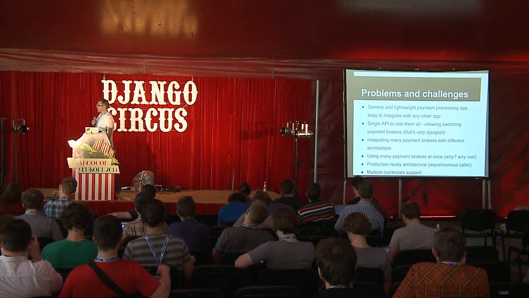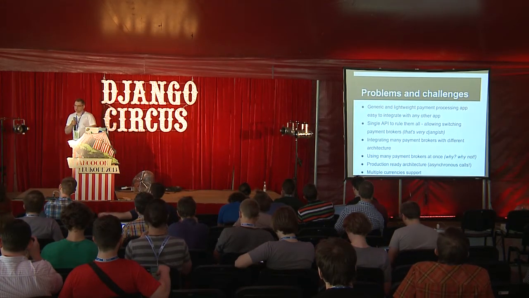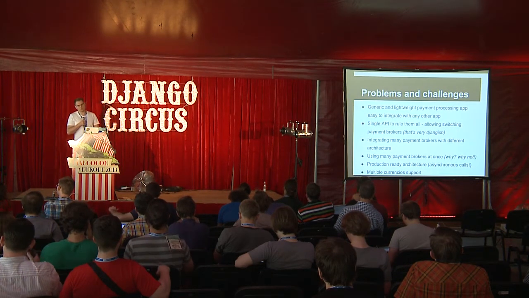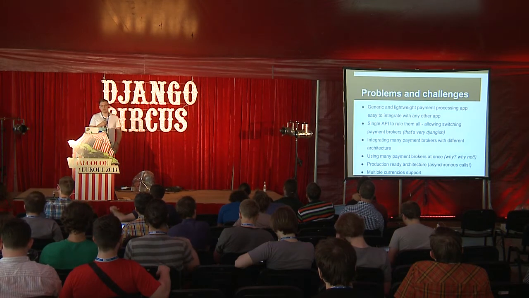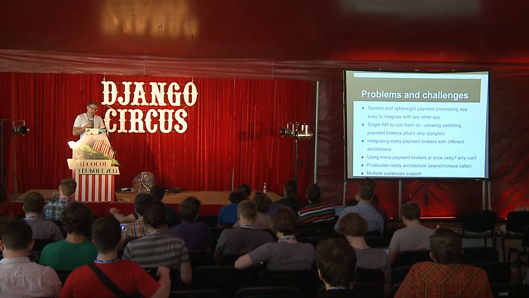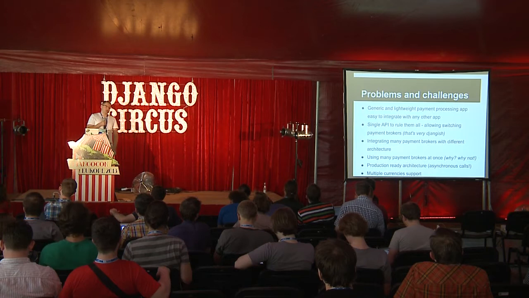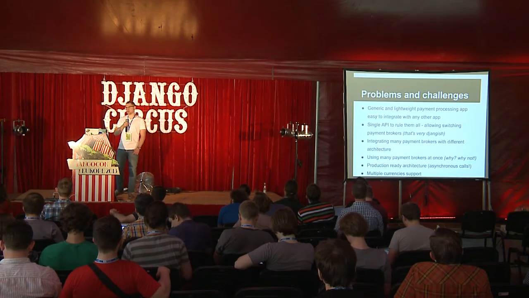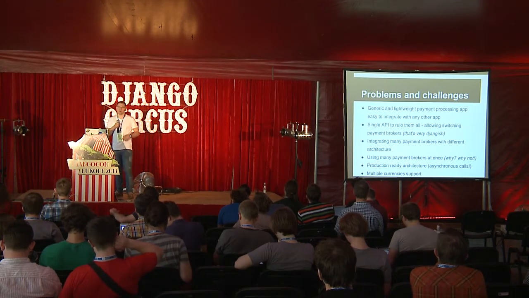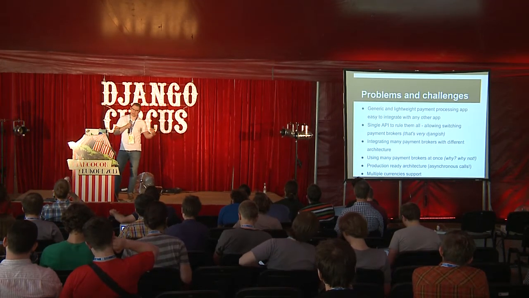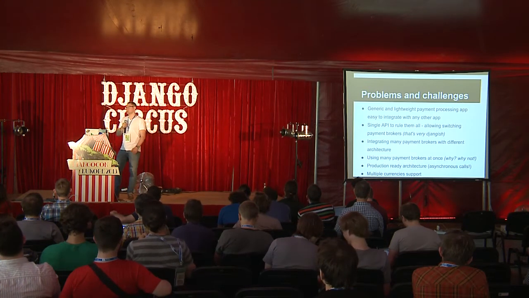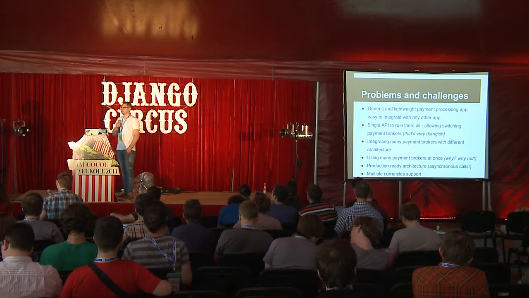So what were the problems and challenges that this kind of app should solve for me, actually, and what I needed to solve, and why I didn't find any ready application. First of all, I needed a very generic application because I was not sure what the second part of the system that I would need to get paid for would be. It could be Django-plans, or I could integrate some other stuff.